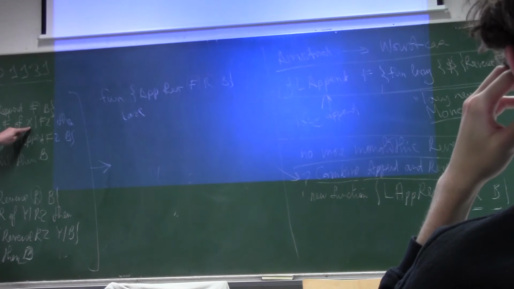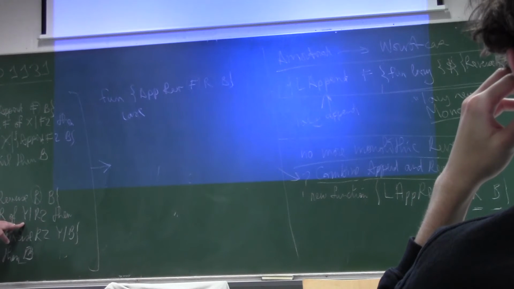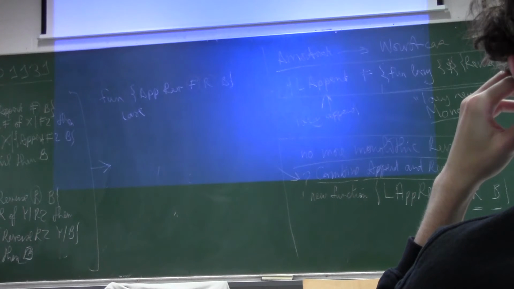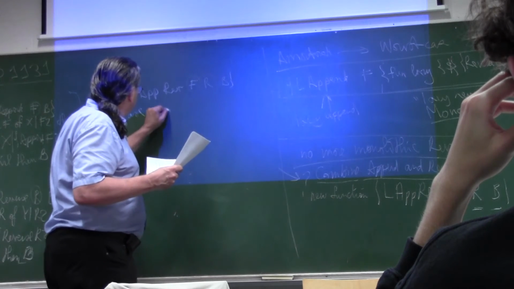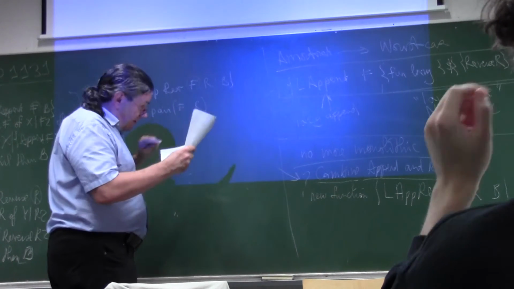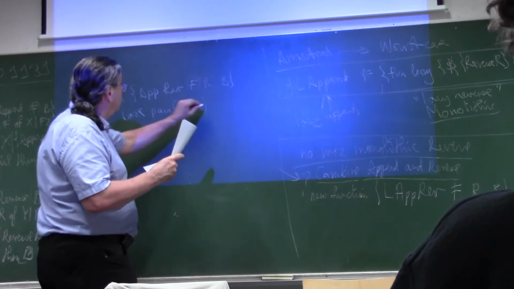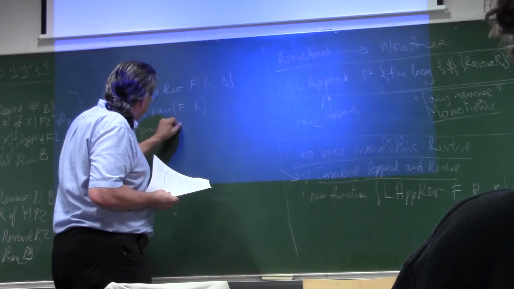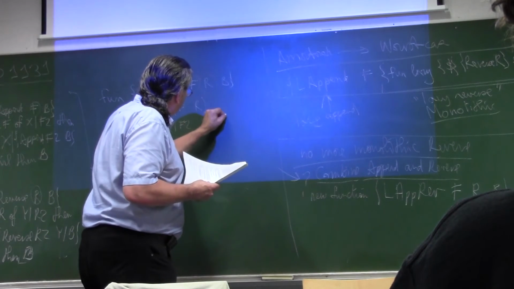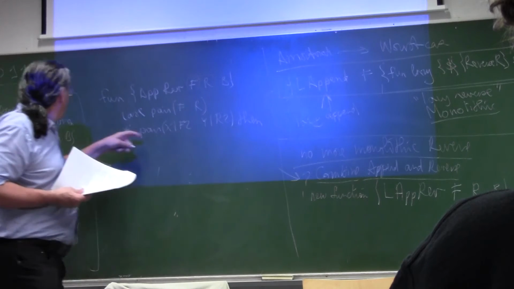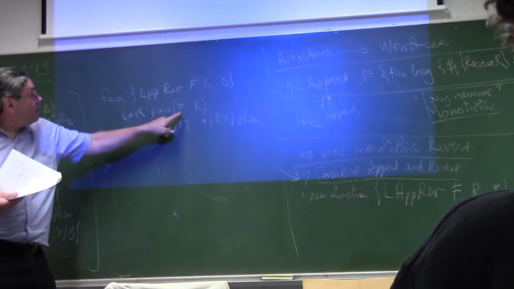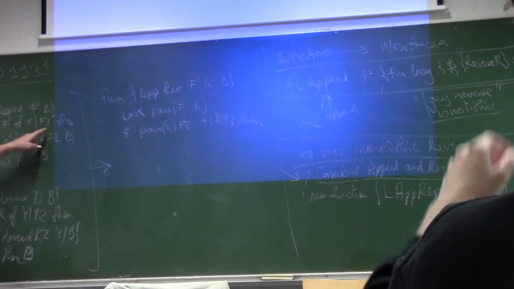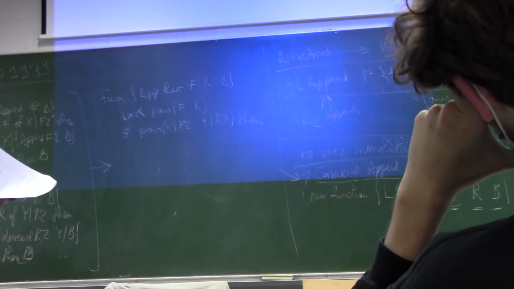Here I'm taking one element out of F. Here I'm taking one element out of R. And I do a recursive call in both cases. So let me make a tuple, pair F R, of pair X F2, Y R2. All I'm doing is combining these two. The F goes into X F2, like here, and the R goes into Y R2, like here.